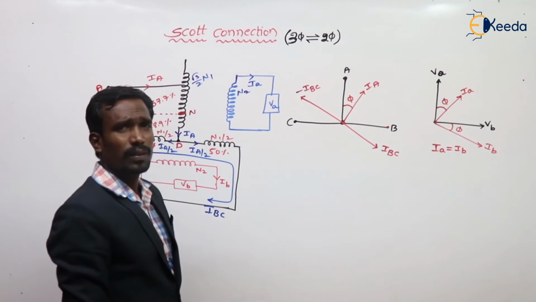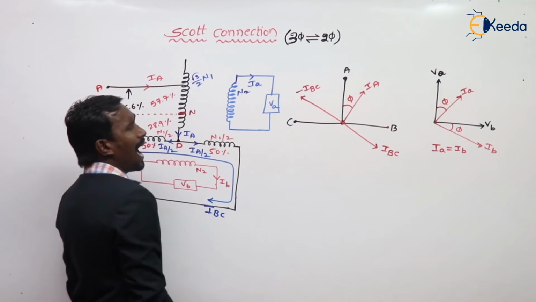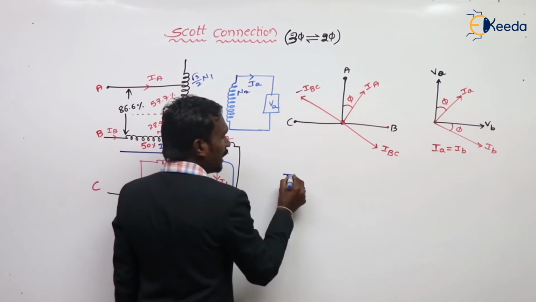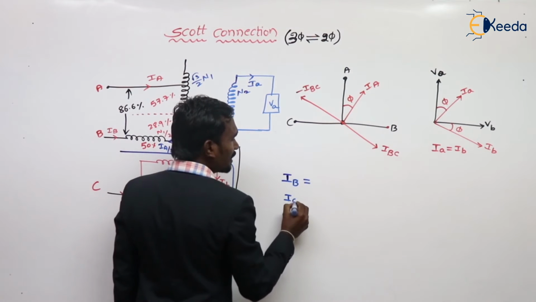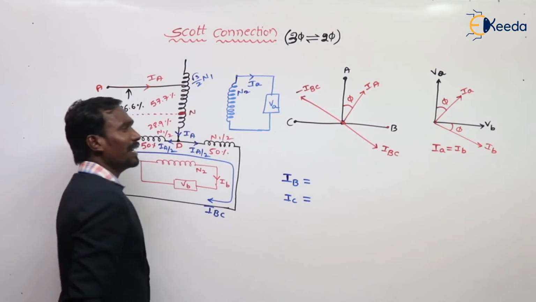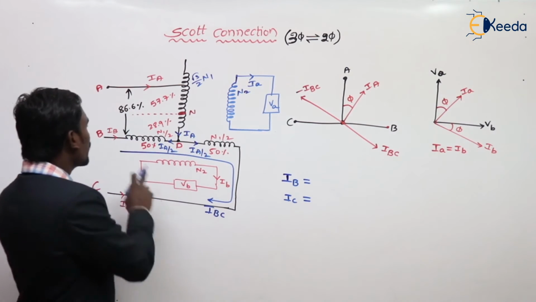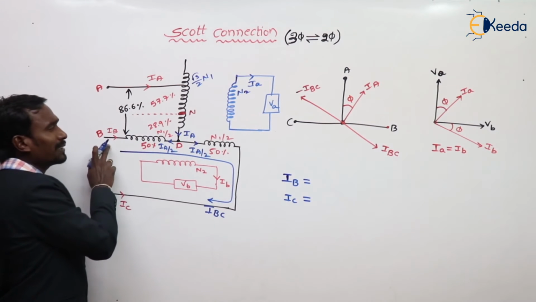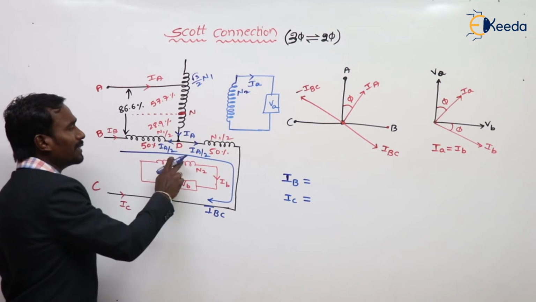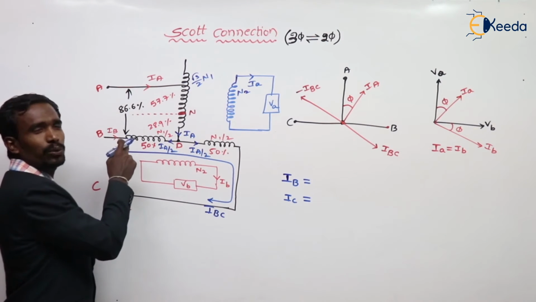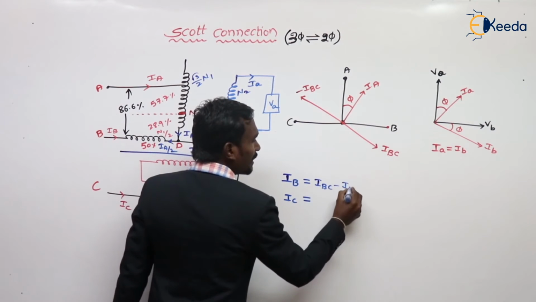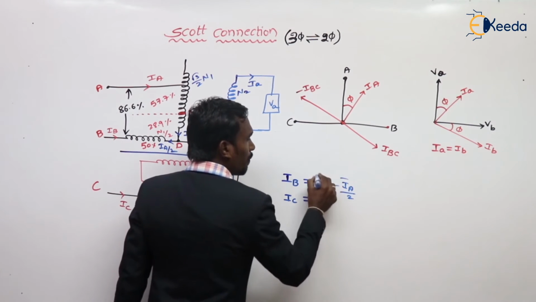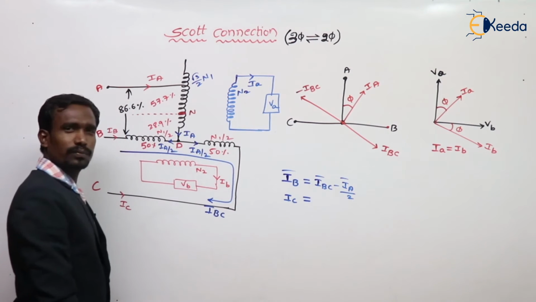Now I want IB as well as IC. IB is equal to IBC minus IA by 2.